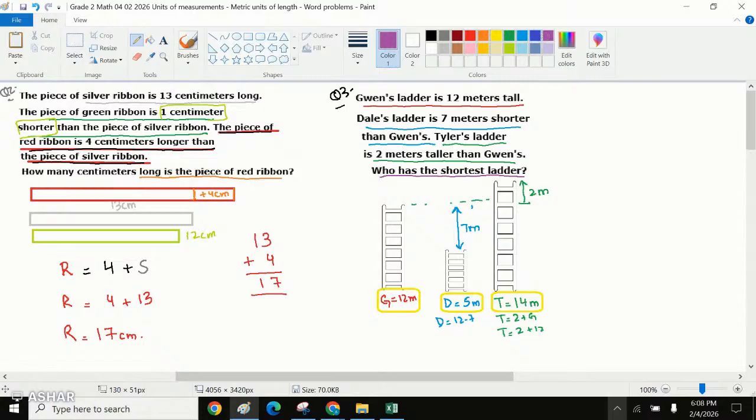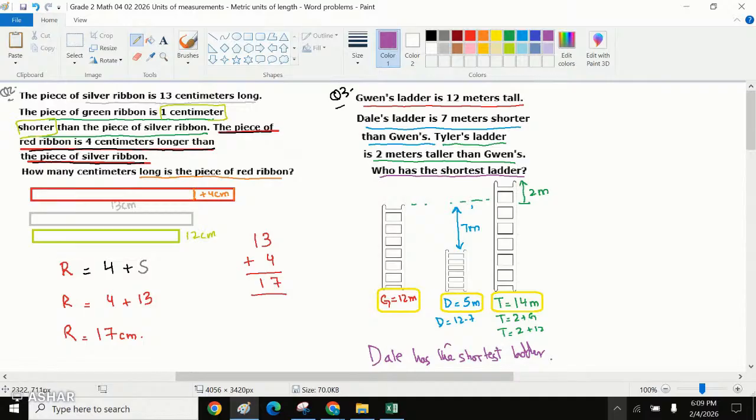And the question is saying, who has the shortest ladder? If I would say Dale has the shortest, would it be true? We are looking at the shortest.